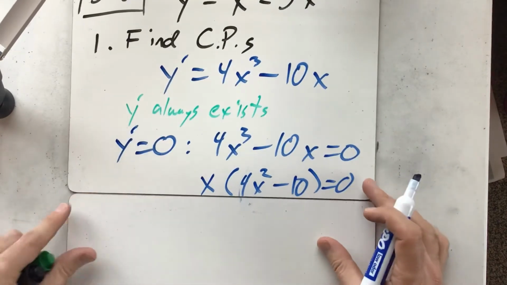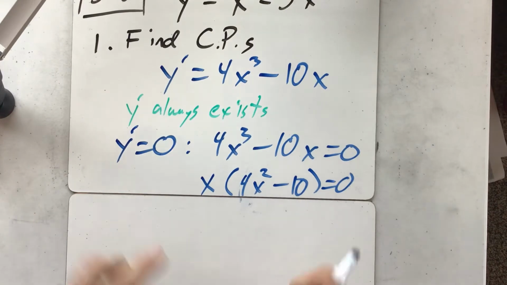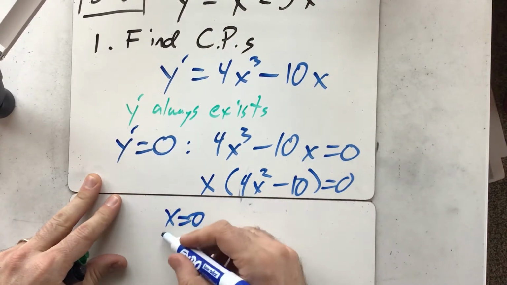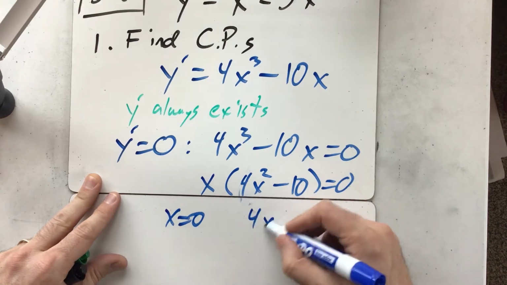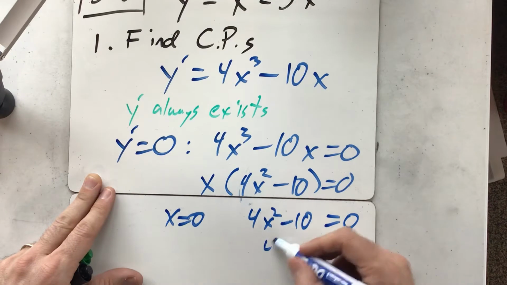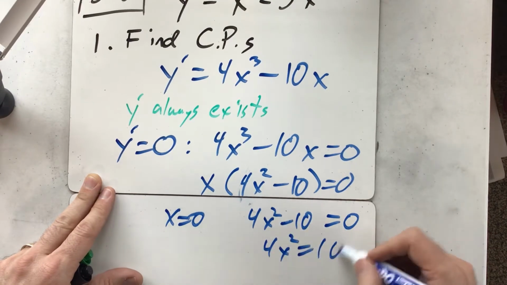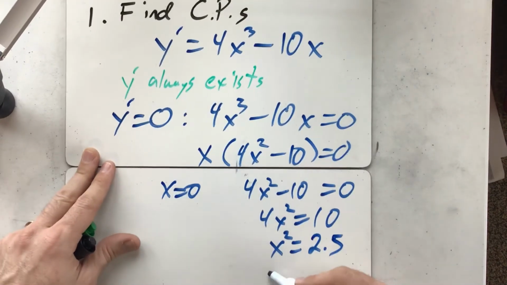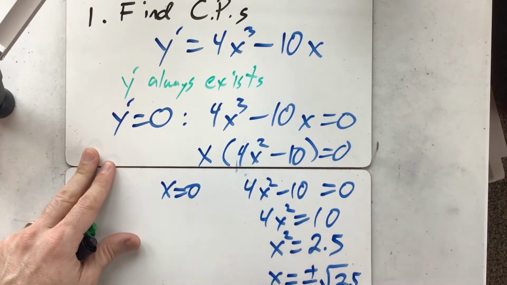This seemed like the easiest thing for me to do. And then you'll see we have two solutions. One is x equals 0, and the other solution is 4x squared minus 10 equals 0. This one we get 4x squared equal to 10. X squared equals 10 fourths, which is 2.5. And so x is plus or minus the square root of 2.5.